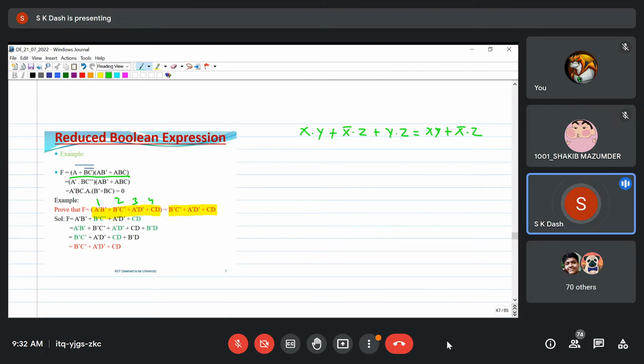Just find out three terms where you can apply the consensus theorem such that A bar B bar will be removed.